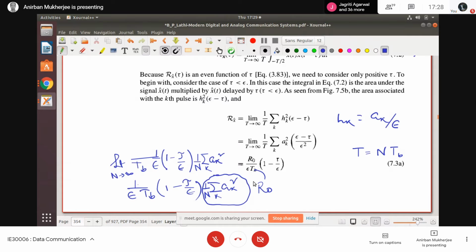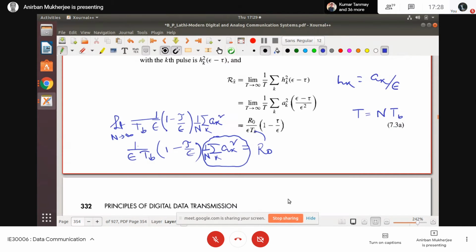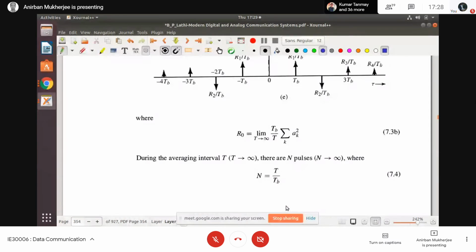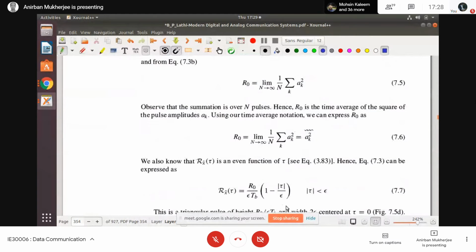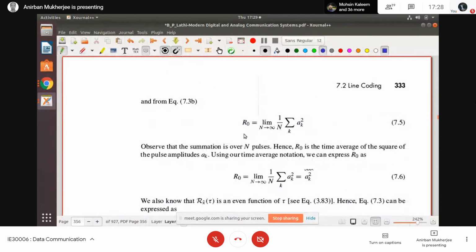So R0 is basically this one. Now, if I take some ak bar square of it.